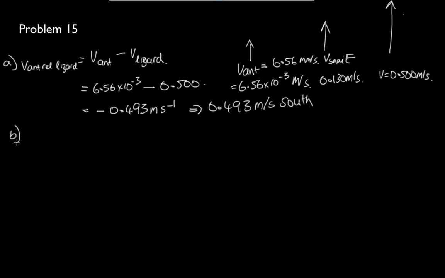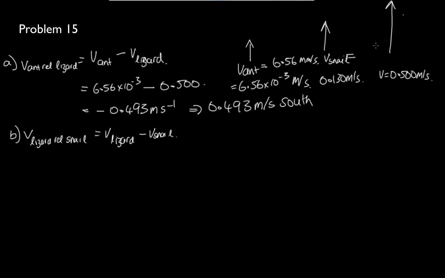Part B, we're asked what is the velocity of the lizard relative to the snail. So the velocity of the lizard relative to the snail is equal to the velocity of the lizard minus the velocity of the snail. So now we imagine that we're the snail, and what would the lizard look like?